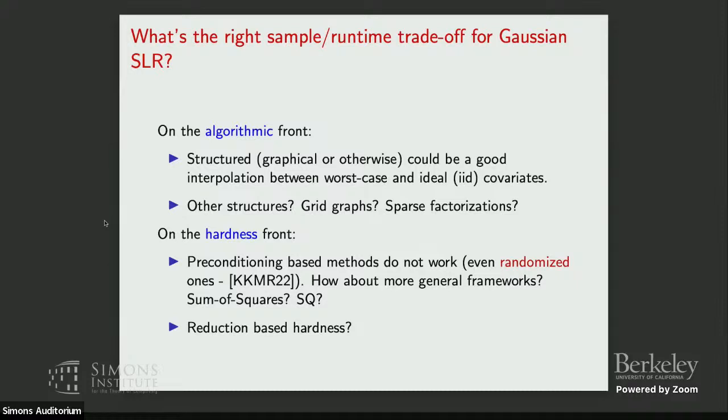And more generally, I like this theme of using structural assumptions on your covariance matrix, let's say by Markov property or something nice about the dependency graph, to go beyond worst case. I think that's something that could be useful for other regression problems as well. Okay. So let me end with that.